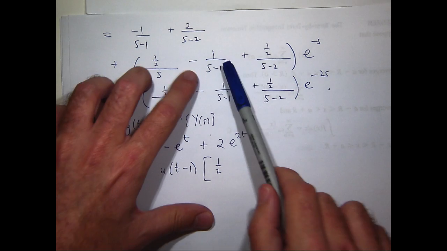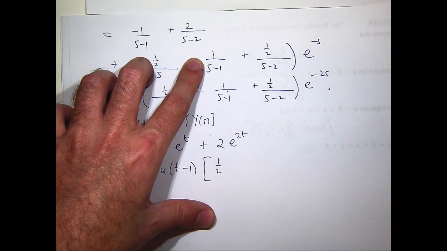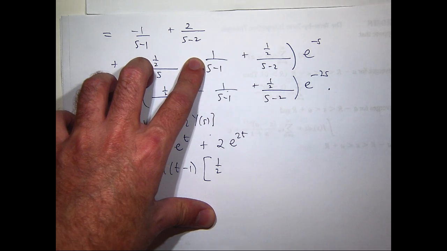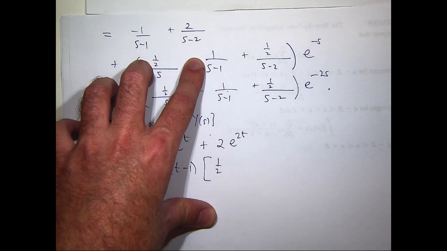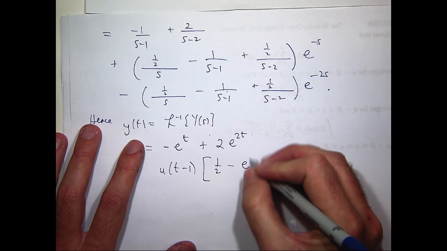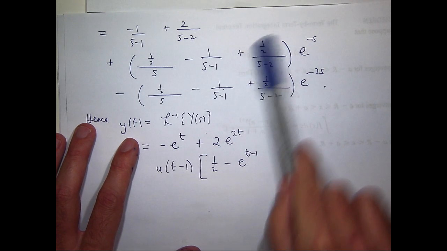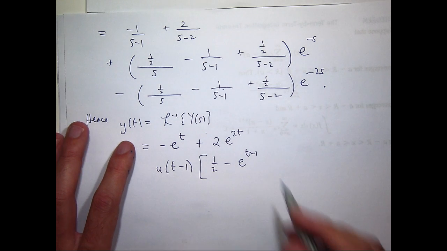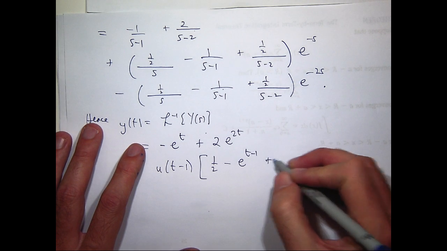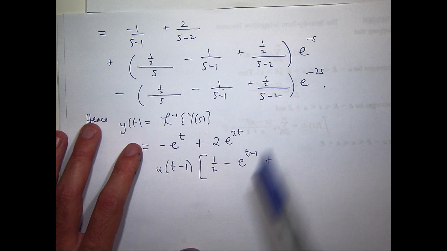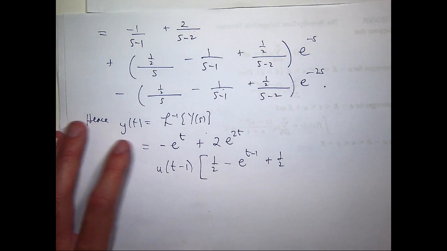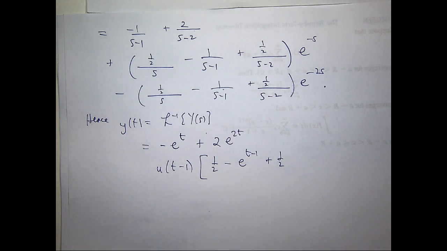So it isn't going to be e to the t, it's going to be e to the t minus 1. And for this one, similarly, it's going to be an exponential, but not 1/2 e to the 2t, it's going to be shifted. So it's going to be 1/2 e to the 2 bracket t minus 1.